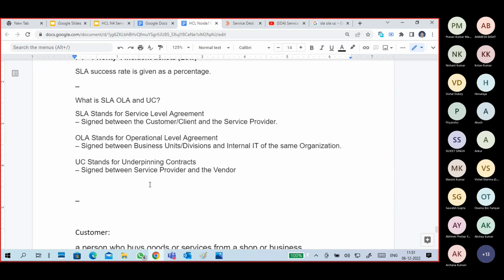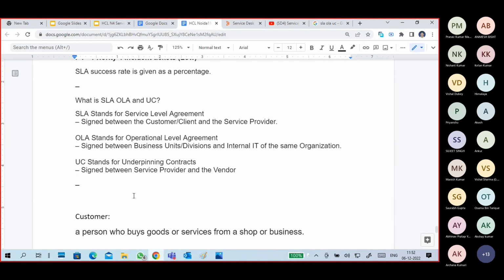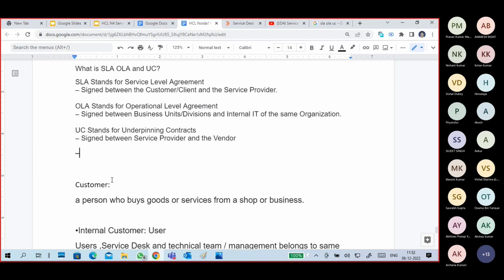UC. What is UC? Underpinning contract. It is signed between a service provider and a vendor. Okay, so different suppliers are there, vendors are there, continuous supply services are there.